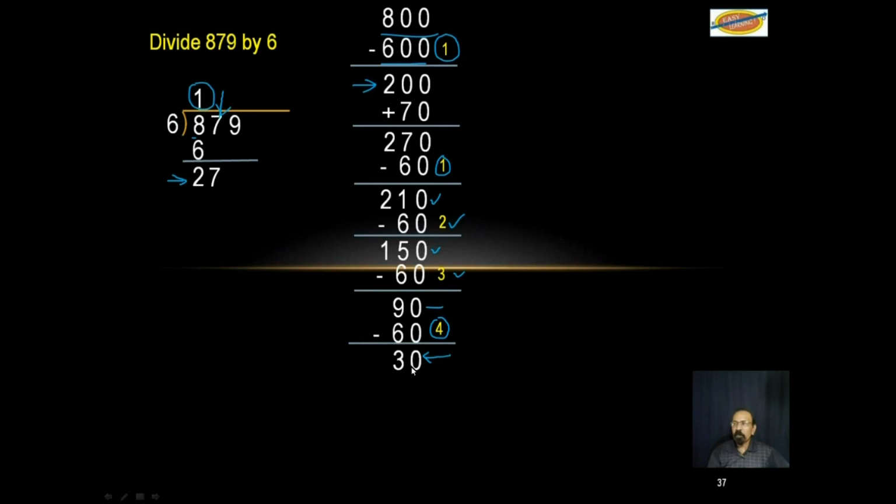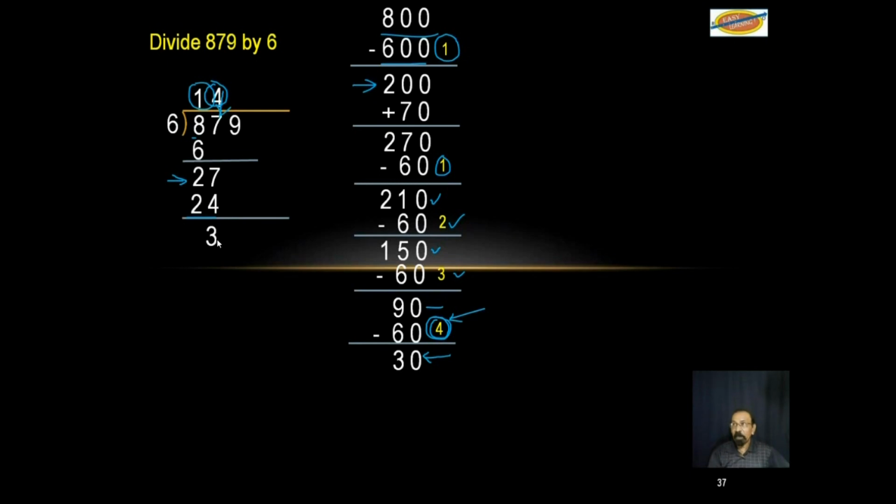No. So what happens, this 4 that you see here, when you say 6 into 27, 6 4s are 24, that 4 is actually this 4. So you get 24, you subtract that, and you get 3.